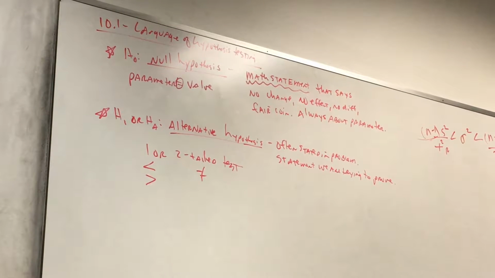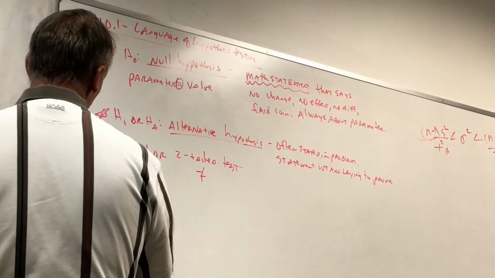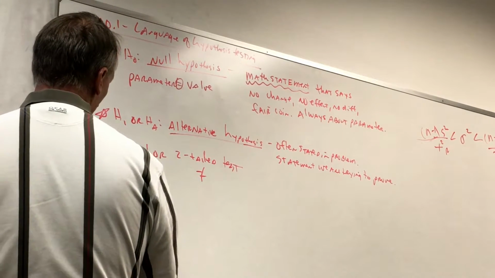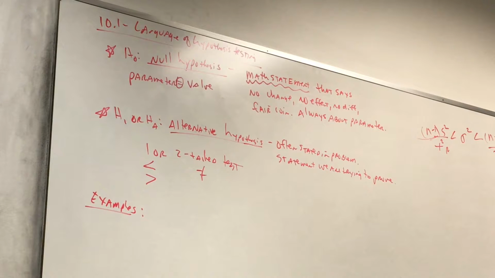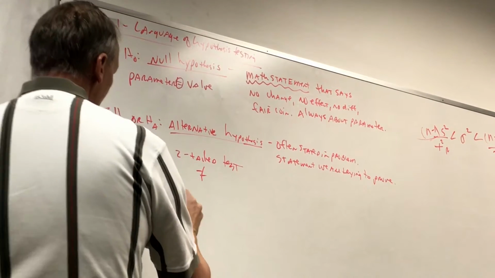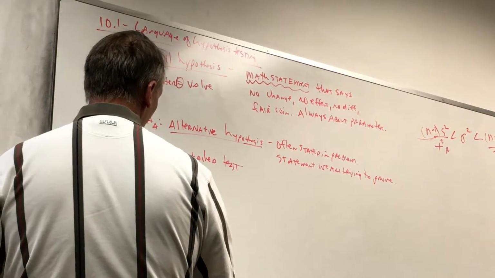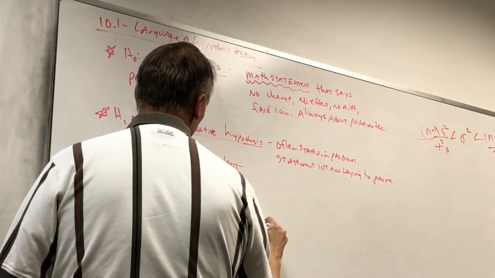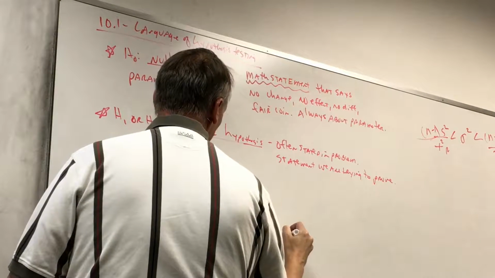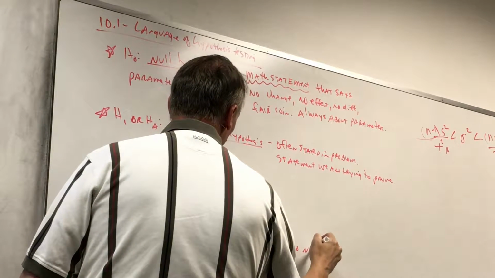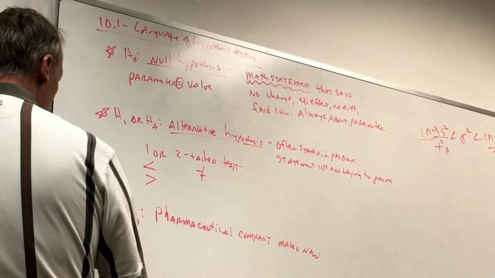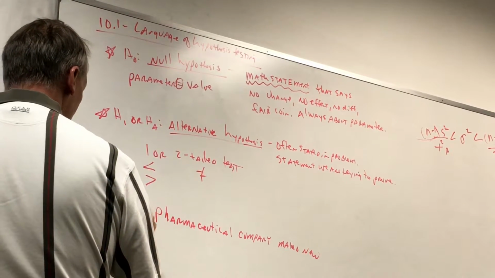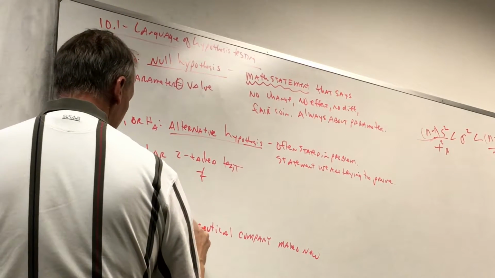So what I'd like to do is some examples here where I ask you to come up with a mathematical statement of a null and an alternative hypothesis. Okay? So let's say that a pharmaceutical company makes a new antibiotic for children.